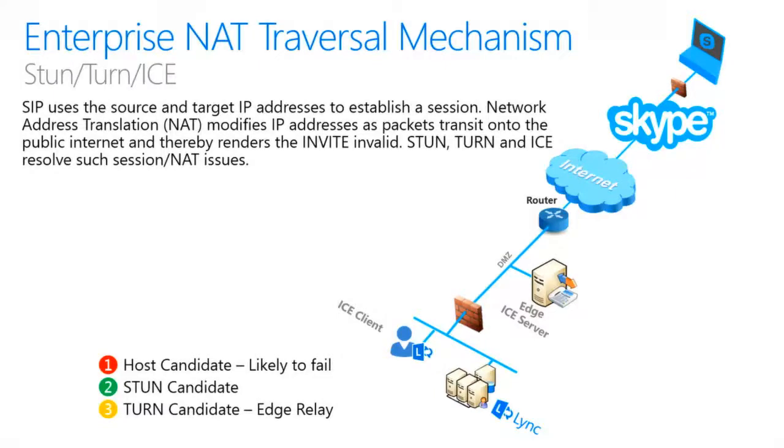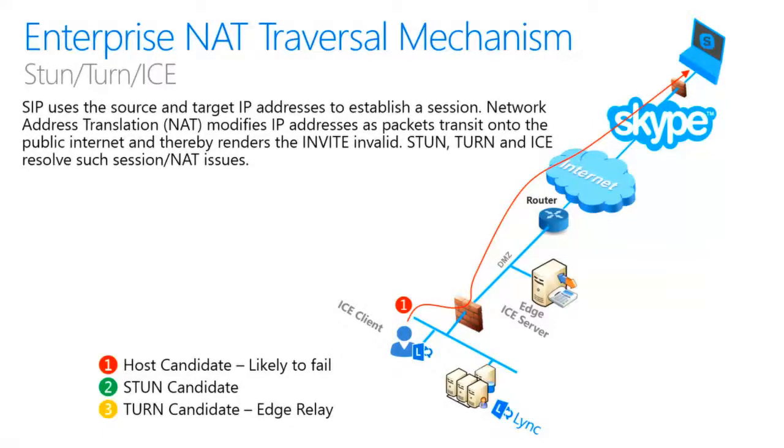So in NAT firewall traversal with STUN, ICE, and TURN, there's a set of different candidates that the endpoints offer. They offer a host candidate, which is basically your local network address. If you're at home or within the enterprise, this is possibly a private, non-routable IP address only within your enterprise.